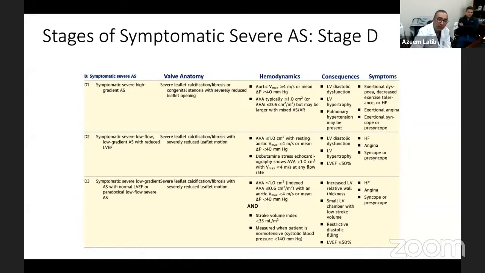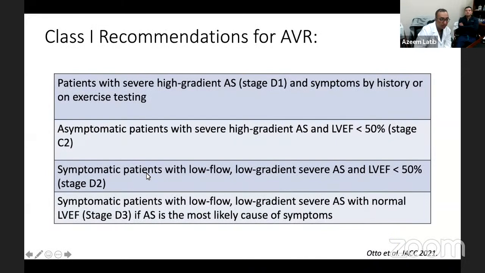So I thought this was a really clear classification of the different stages of AS that they had in the new guidelines. They also give what the recommendations overall are for aortic valve replacement. The class 1 recommendations: the D1 patients with severe high gradient AS and symptoms by history or exercise testing.